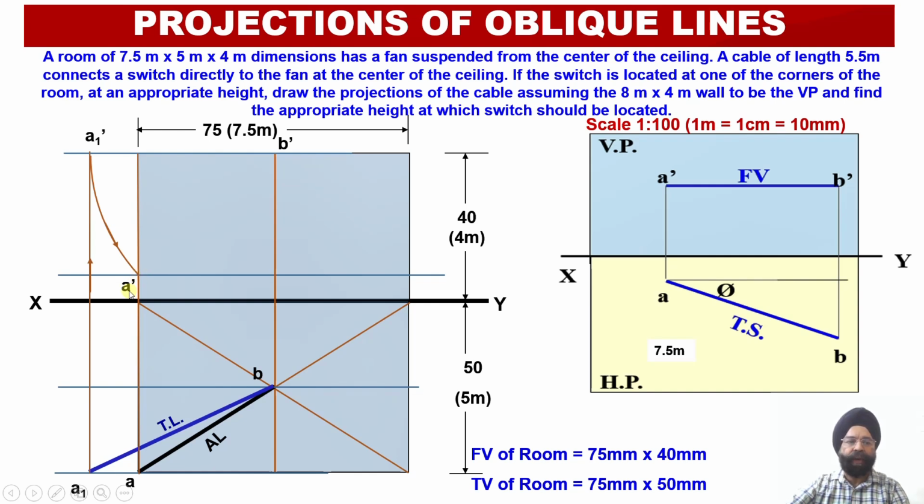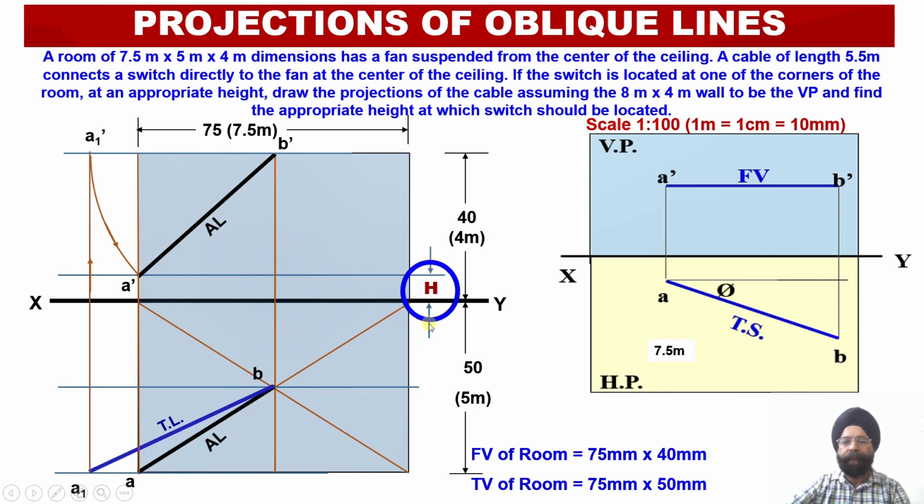So the moment I locate this point A dash, now I can join point A dash with B dash again using black color. So here black color represented the apparent length. So this is the apparent length projection corresponding to this electric wire or the cable in the front view. So the moment I obtain this distance A dash B dash, so automatically this height of the switch I am able to locate over here.